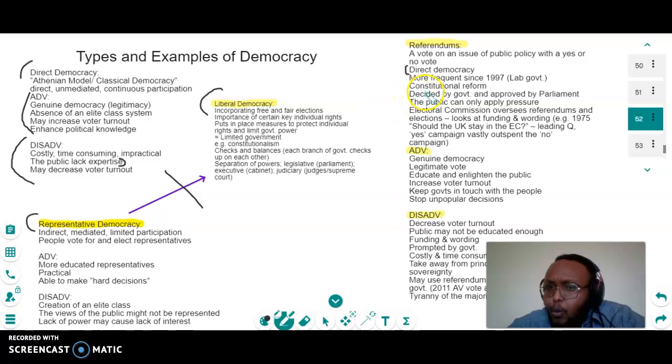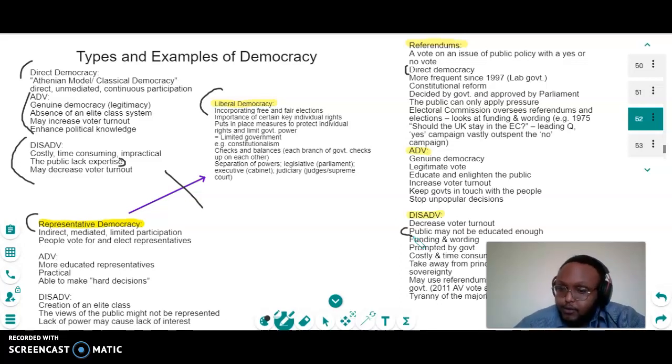So one of the major problems with this, as we've seen, if we look at a disadvantage, is that the public may not be educated enough. And through political scheming, sometimes the public might be misinformed.